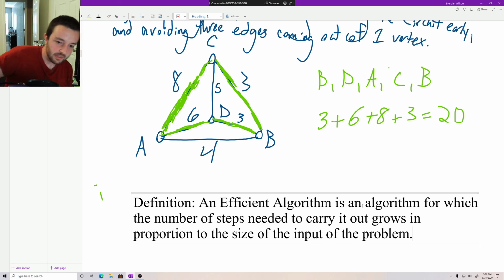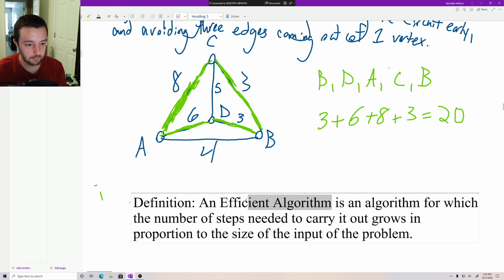Okay. So an efficient algorithm, just underline that, is an algorithm for which the number of steps needed to carry it out grows in proportion to the size of the input of the problem.